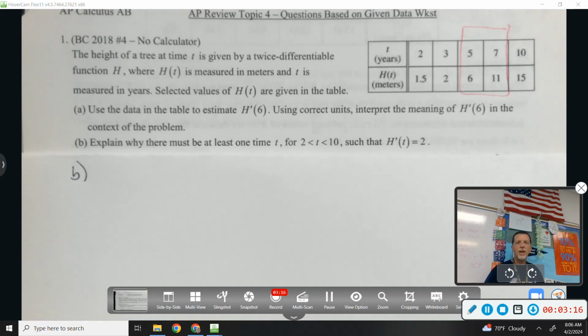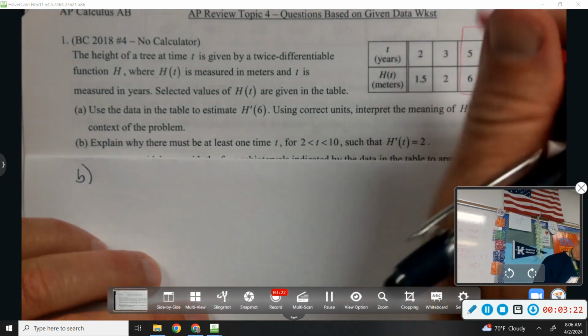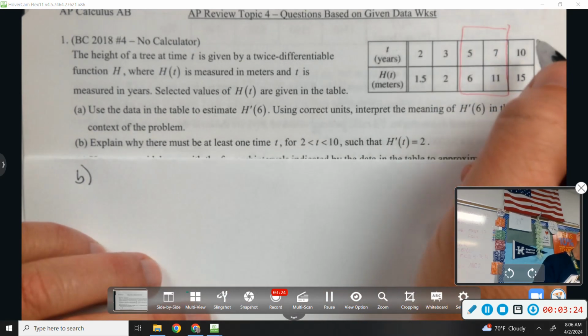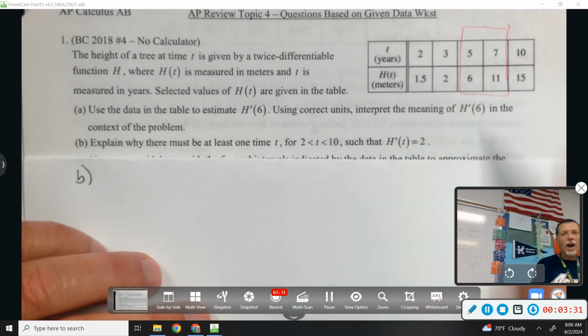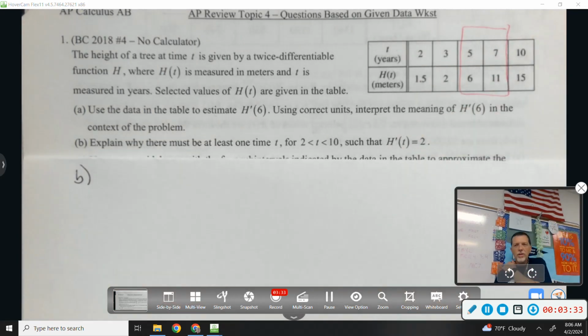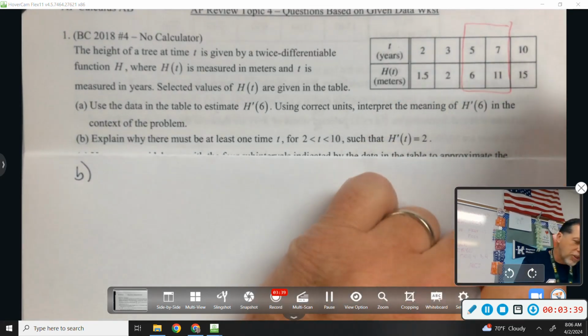There must be a time between 2 and 10 such that h prime is 2. Okay, well let's take some slopes and see where the derivative is equal to 2, basically. I want to use 2 times so that the derivative is 2. Can you tell by looking which 2 would be a good choice?